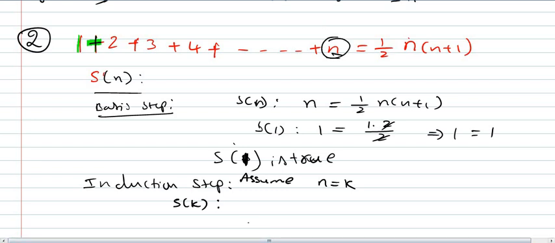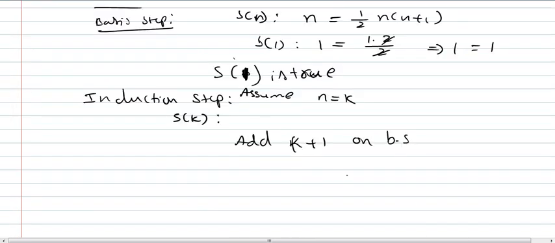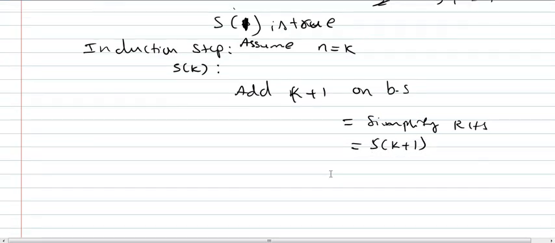Obviously, k plus 1. So add k plus 1 on both sides, and simplify the RHS part. You will end up with S of k plus 1. Then write the conclusion as we did in the last example. Similarly, you can solve this also.